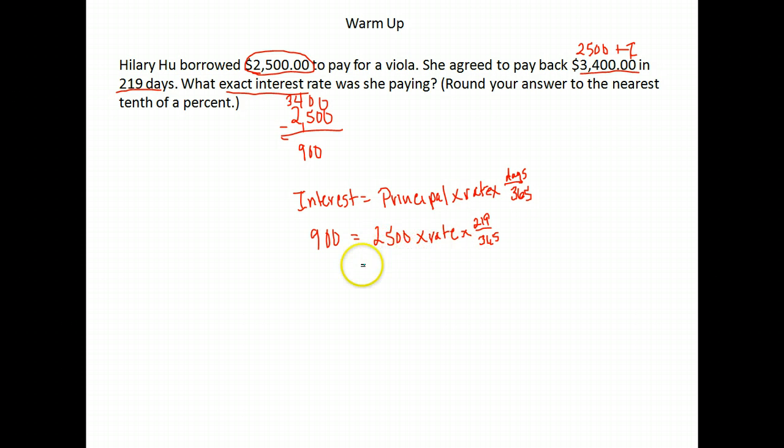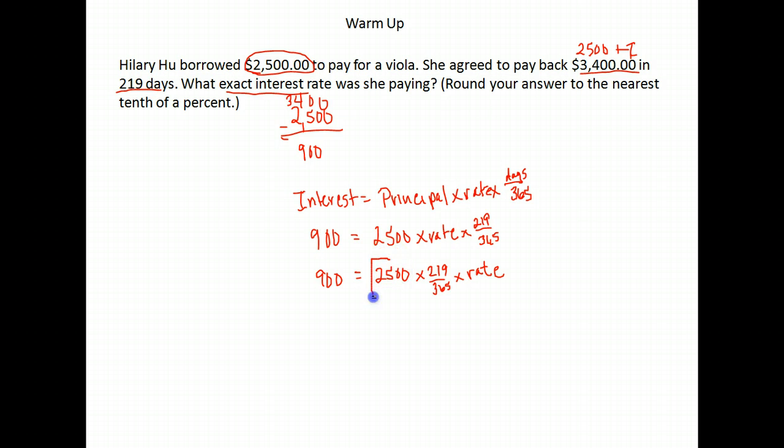So let's simplify what we can. The 900 is going to stay here for now. What I'm going to do here, and this is okay to do, is move the rate to the end so that I can calculate what's left.